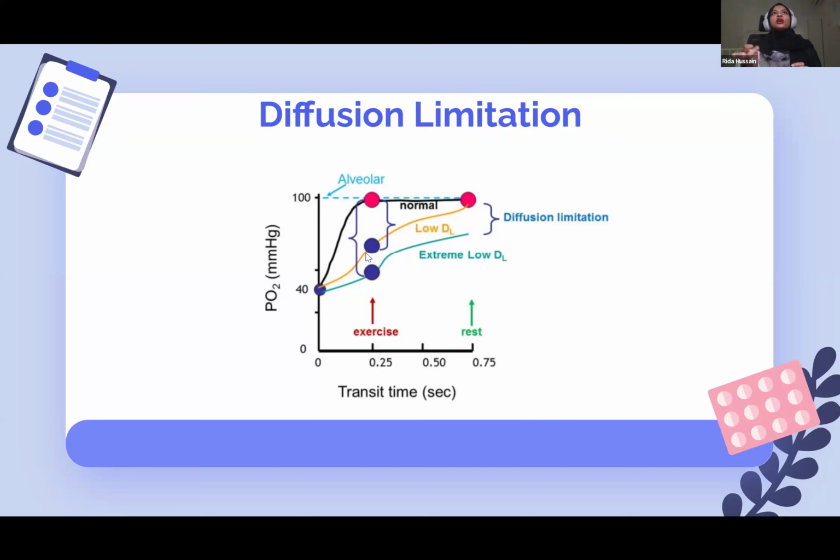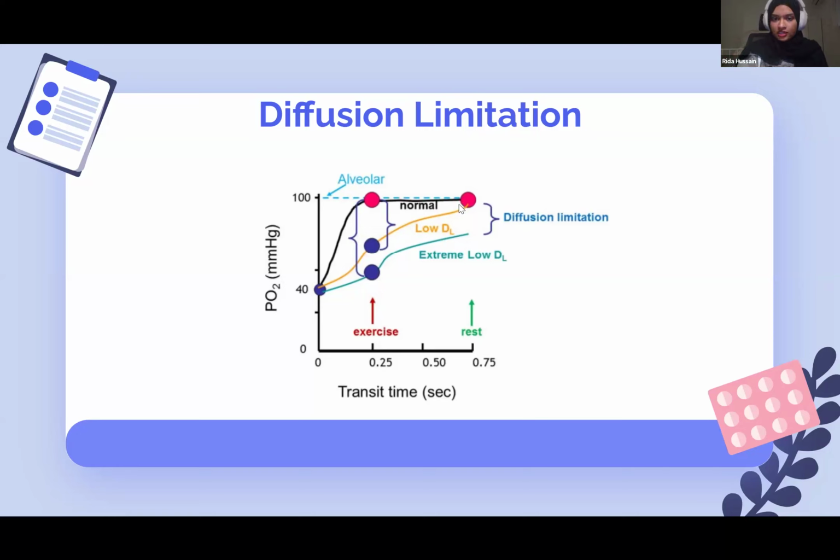So basically, there isn't enough oxygen being presented to the blood, right? And then in extremely low diffusion capacity, that's even worse. But my point over here was that we have to check the difference between resting conditions and exercise conditions because there are some diseases that don't show their true colors until you are actually doing strenuous, heavy exercise.